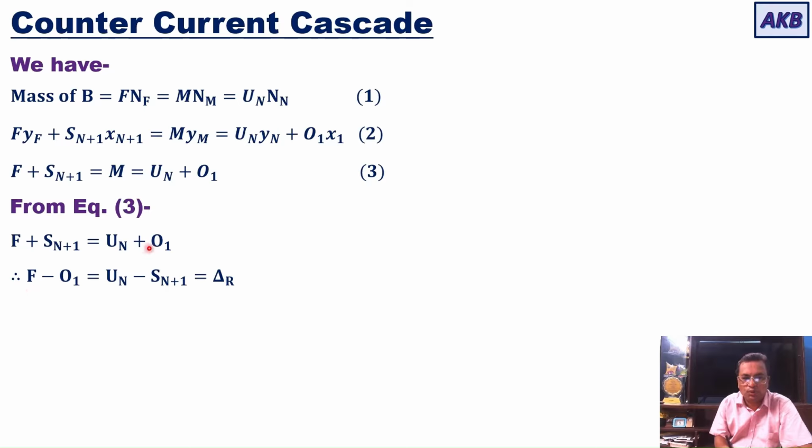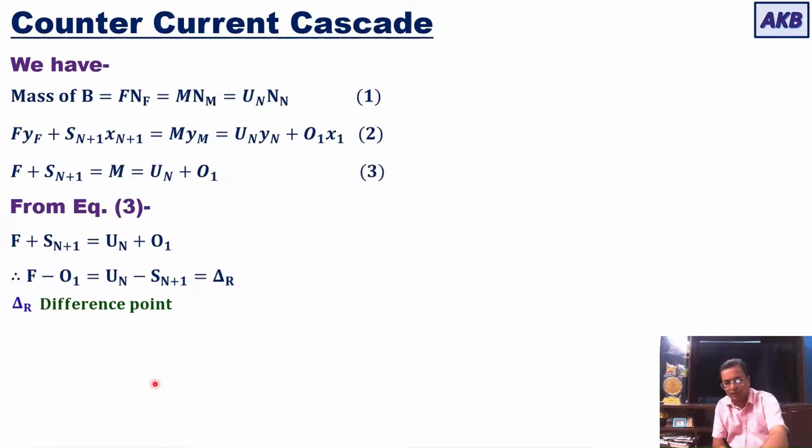F minus O1, that is, O1 I'm bringing to this side, so it will be F minus O1, that is equal to Un minus Sn plus 1. Let me call this difference delta R. In this case, delta R is called the difference point. I will shortly tell you the significance of this difference point.